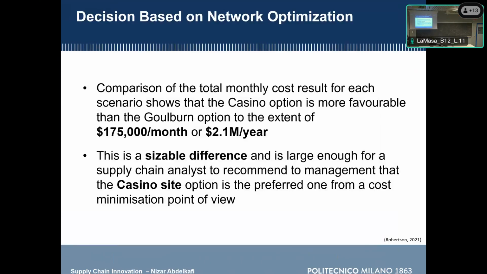So these are the monthly costs that we dealt with, because we have the monthly data with respect to demand and capacities, etc. And this will correspond to 2.1 million per year. So it's just multiplying with 12. This is a sizable difference and is large enough for a supply chain analyst to recommend to management that the Casino site option is the preferred one from a cost minimization point of view.